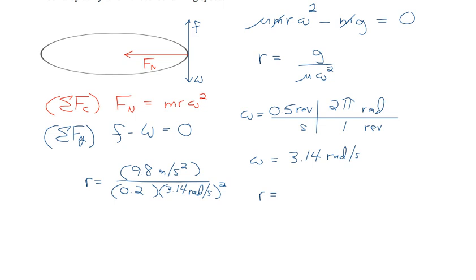If you look at the units here, the second squared will cancel, but I'm going to be left with meter per radian squared, and I'm telling you the answer is meters. So just ignore the radian unit. Again, it's like a false unit. It's a unit that allows us to go from something angular to something linear, and that's all it is. So when you solve this, what do you get? 4.97 meters.